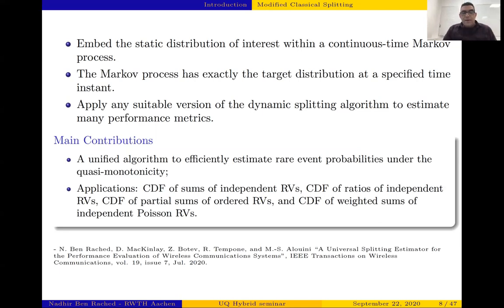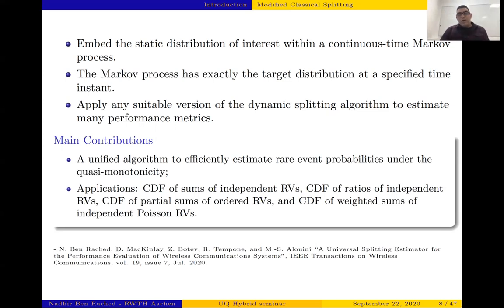Then we'll see later that this Markov process will have exactly the target distribution at a specified time instant. And with this embedding, we will apply any suitable version of the dynamic splitting algorithm to estimate the quantity L.